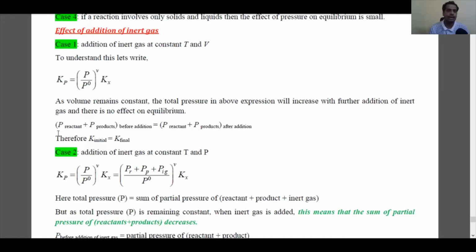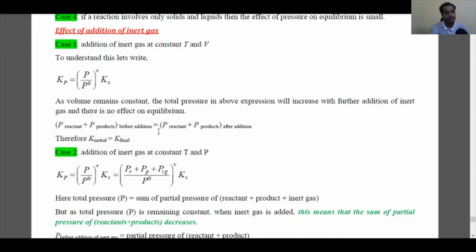So this total pressure is the partial pressure of reactant plus partial pressure of products, because we are not counting the partial pressure of inert gas in our equilibrium system. That does not have any additional input. Our equilibrium only deals with the partial pressure of reactants and products.